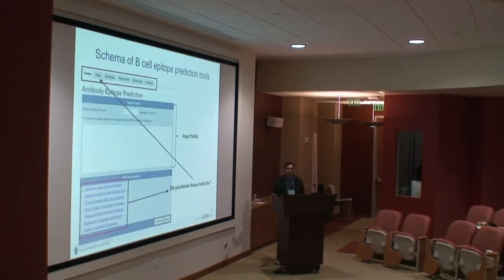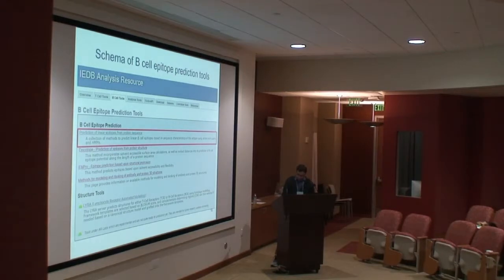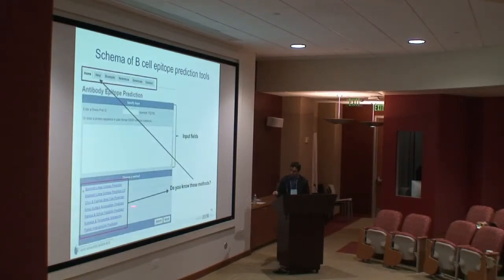So again, I'll go through this quickly because you have seen it too many times now. If you click on this link here for linear epitope prediction, you'll come to this home page. You'll see, again, pretty similar things, input fields where you can put the Swiss-Prot ID or actually enter the sequence.